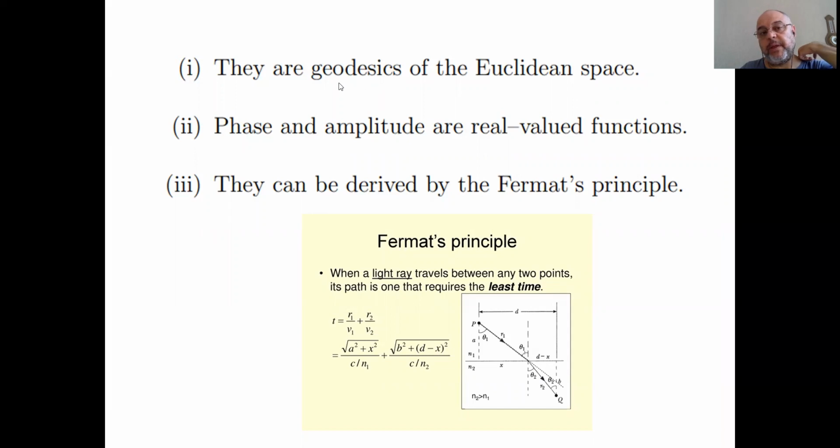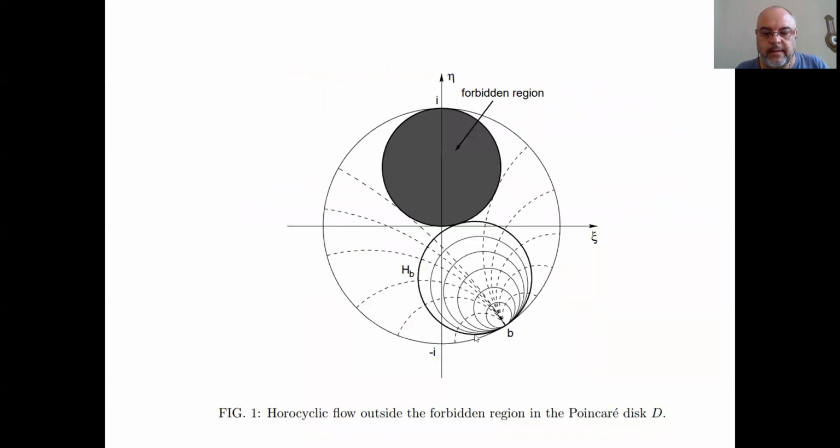And they consider in this paper that the light rays are geodesics of Euclidean space, and the phase and amplitude of this light wave are real-valued functions, so you can measure them, and they are related to Fermat's principle, in which the path is the one that requires the least time. And they obtained this horocyclic flow in a Poincare disk for this system.